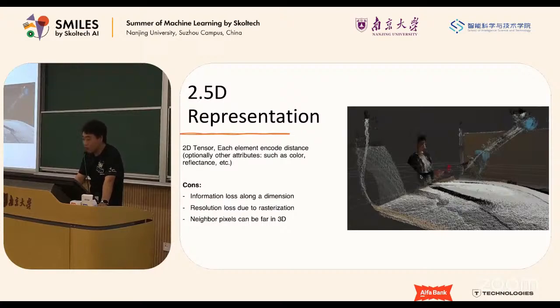Here is a 3D reprojection result of the depth map. Because the depth map stores the distance values, we can lift the distance values into 3D. So we can reconstruct the 3D points from the depth map.